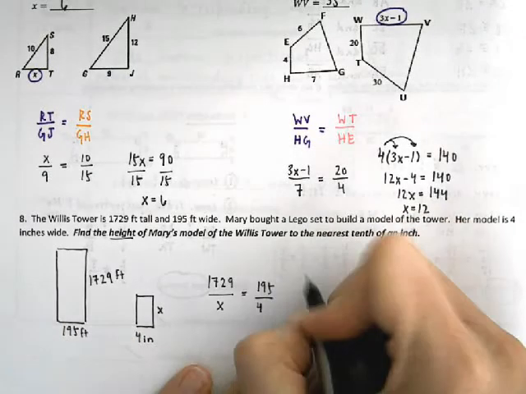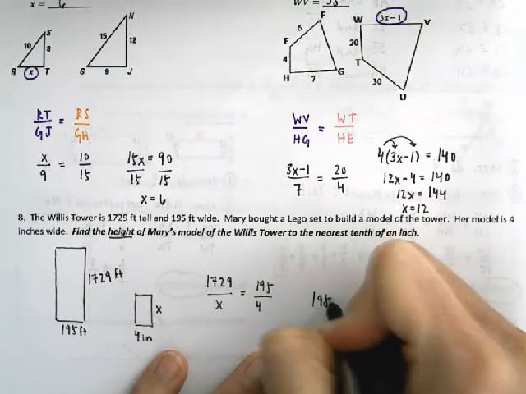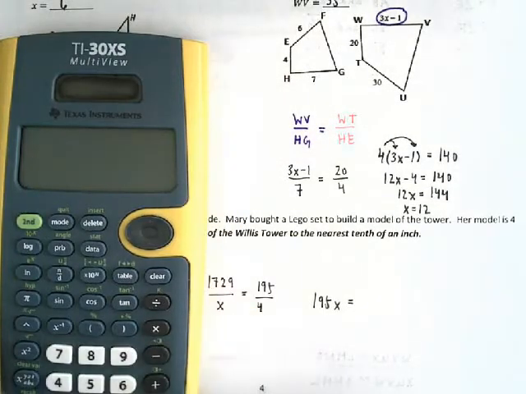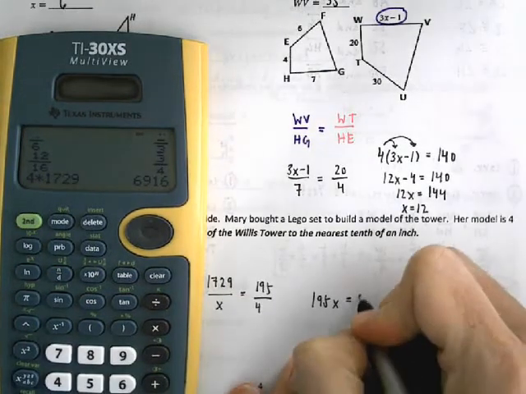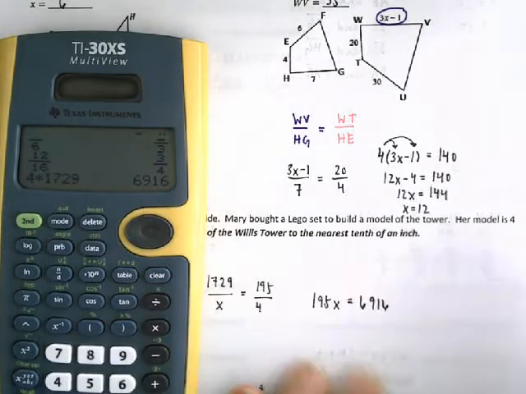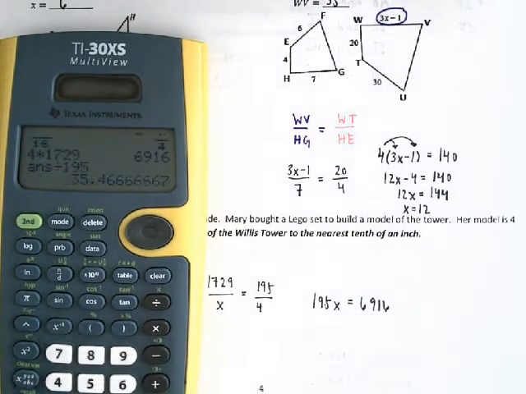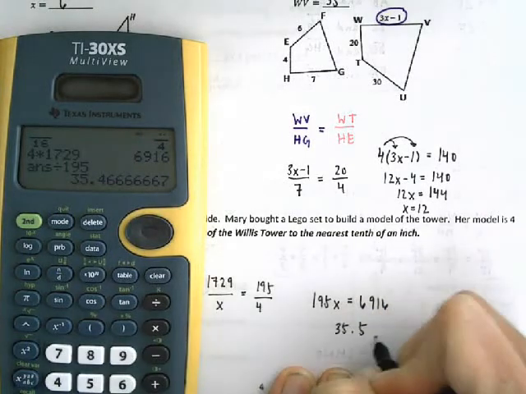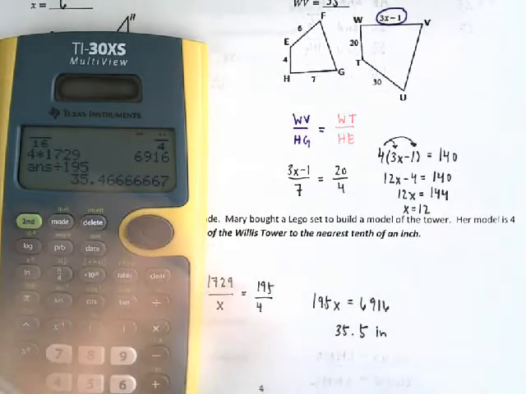And then we're just going to cross multiply. So I get 195x equals, I'm going to go to my calculator for this, 4 times 1,729, and I get 6,916. Last thing I'm going to do is divide by 195, and I get 35.5 inches.